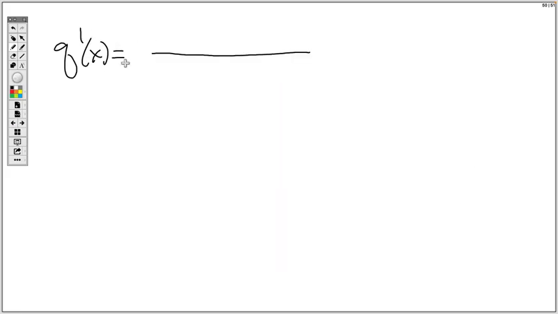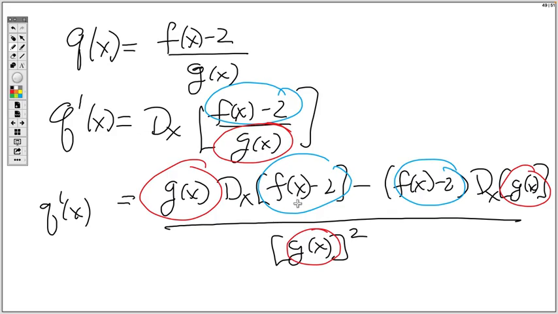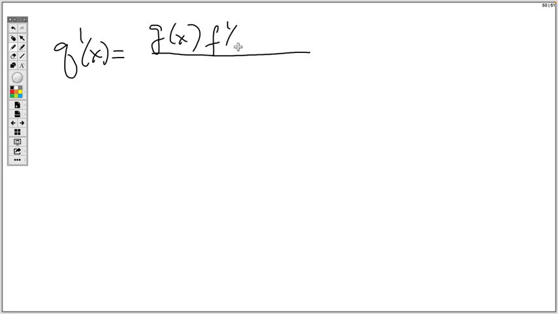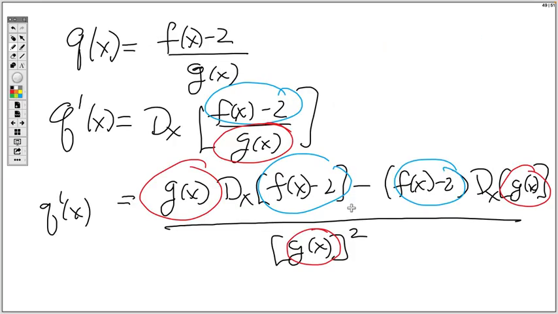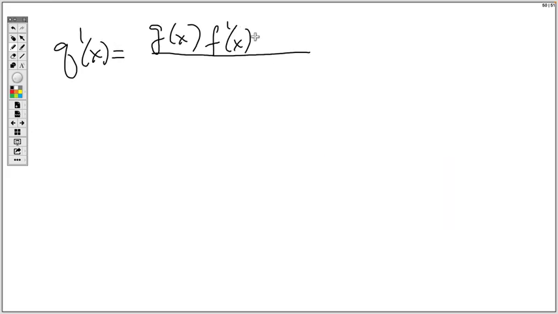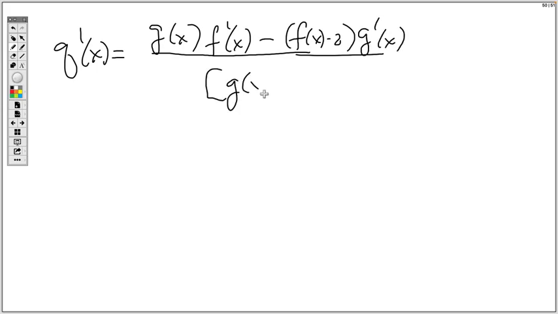G of x times, what's the derivative of f of x? That's what we call what? F prime of x, minus, what's the derivative of 2? 0. Minus f of x minus 2 times the derivative of g, all divided by g of x squared.